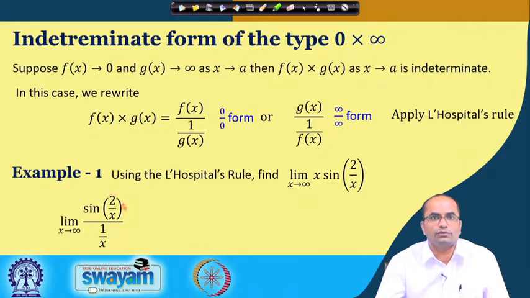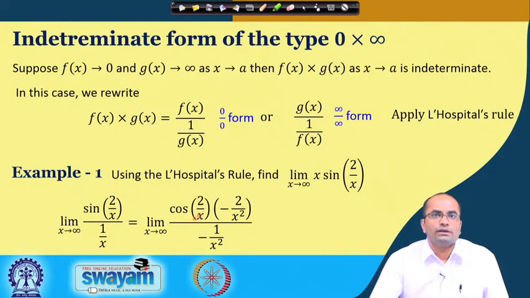The derivative of sin 2 over x will be cos 2 over x times minus 2 over x square, and the derivative of 1 over x is minus 1 over x square.